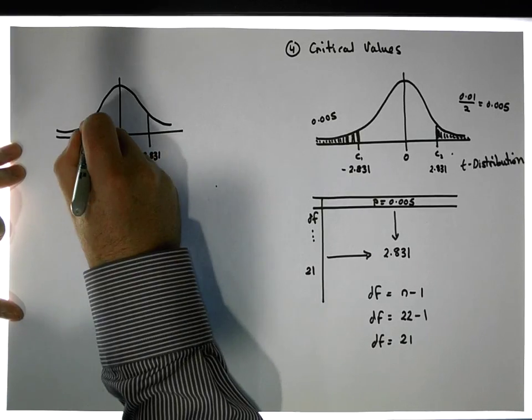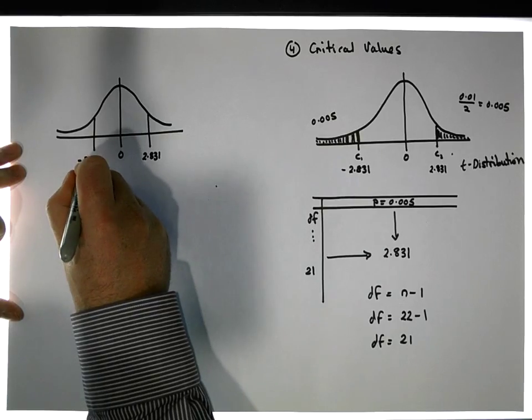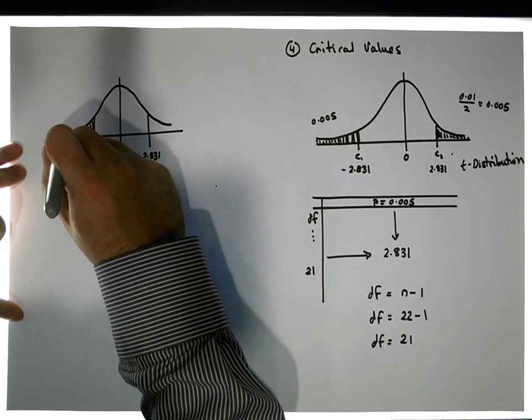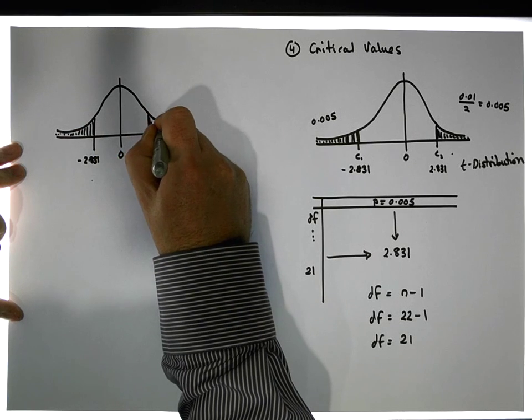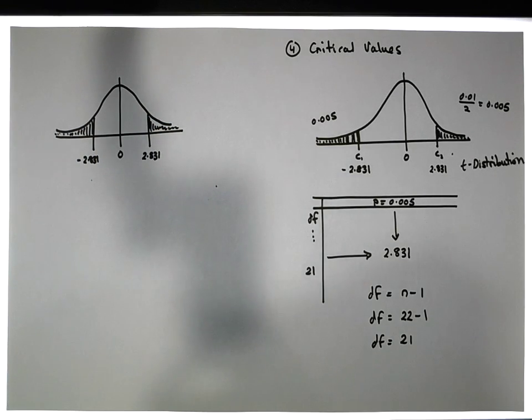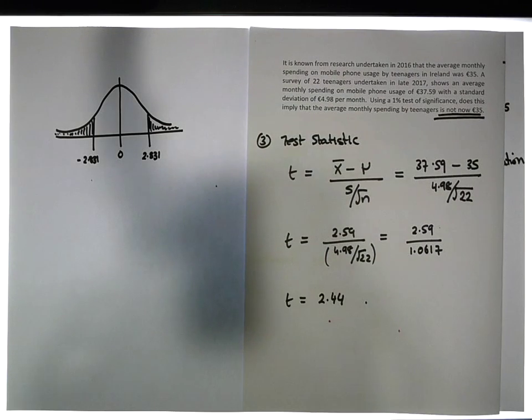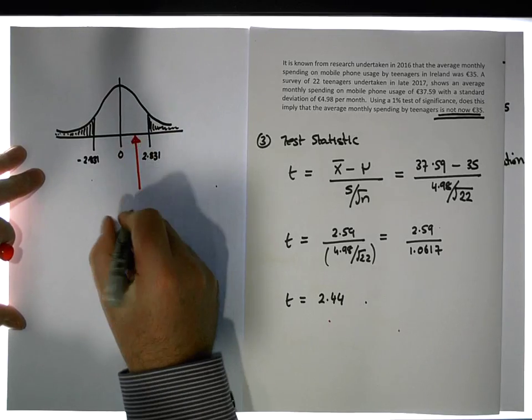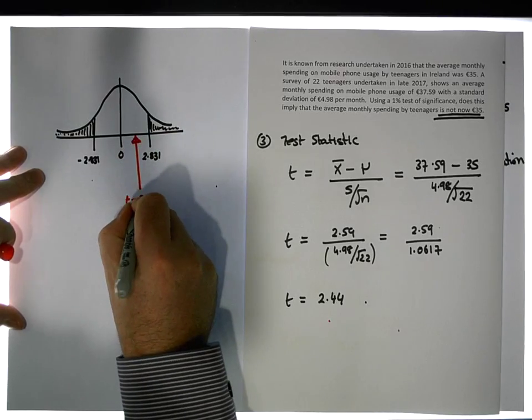The critical value over here is minus 2.831. These are the rejection regions. That's how far we need our test statistic to be away. But our test statistic, as I said, is 2.44. Now 2.44 is in here. So this is our t equal to 2.44.